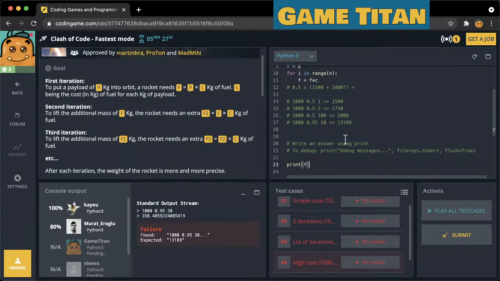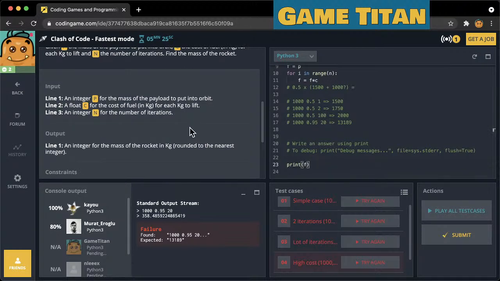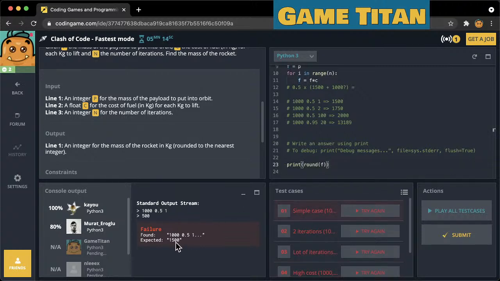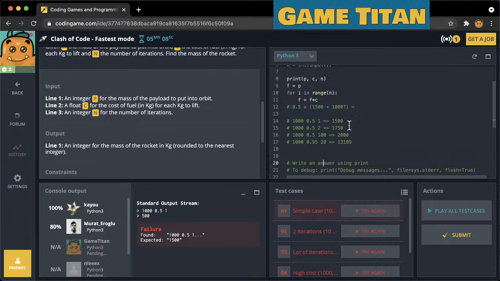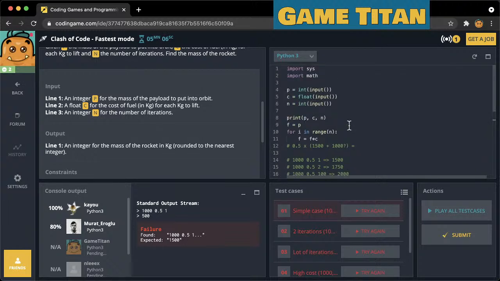Oh yeah, that's true, but I was pretty sure that's not the issue here. Because it's expecting 1,500, but 1,000 times 0.5 is 500.